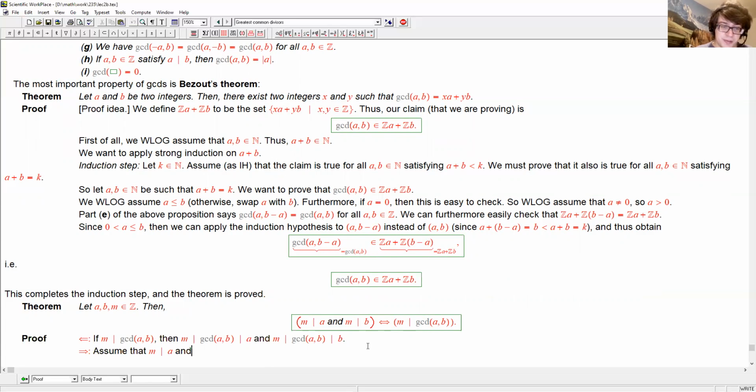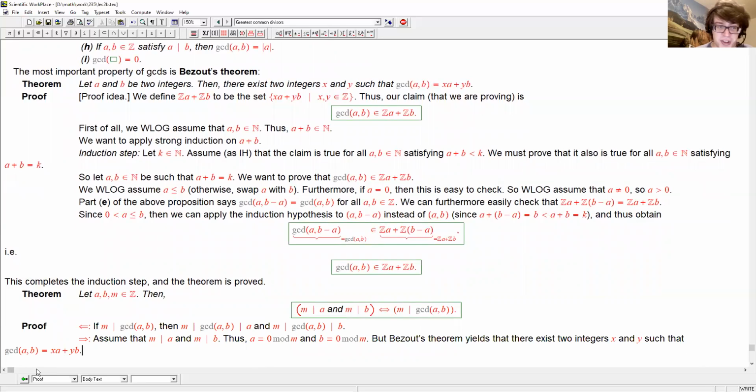Here's the interesting one. Assume that m divides both a and b. Why does it divide the GCD? Well, first of all, it divides both a and b. In other words, a and b are congruent to 0 mod m. Again, congruences come in useful. Bezout's theorem yields that there exist two integers x and y such that GCD of a, b is xa plus yb.